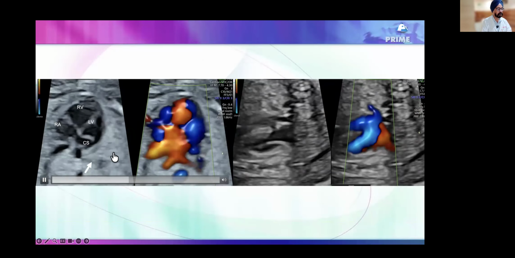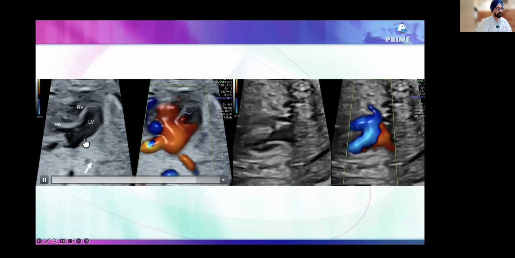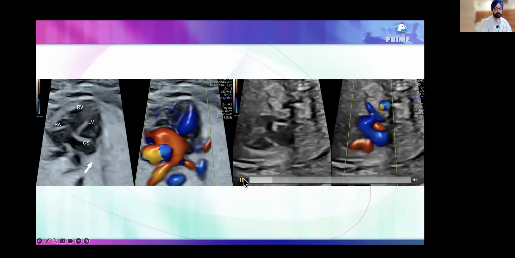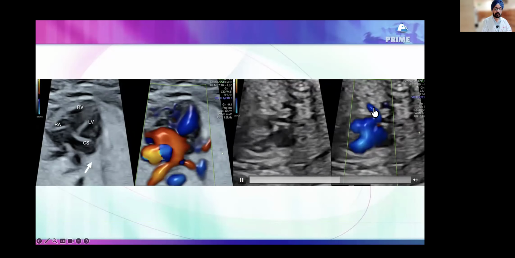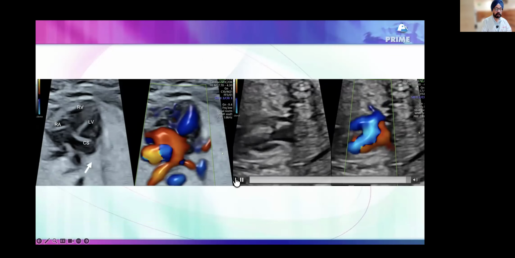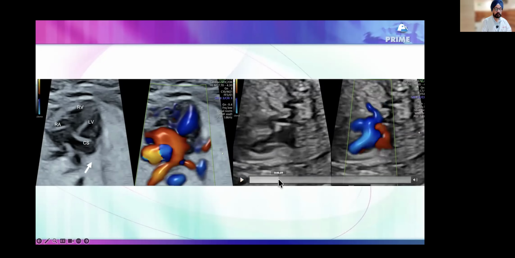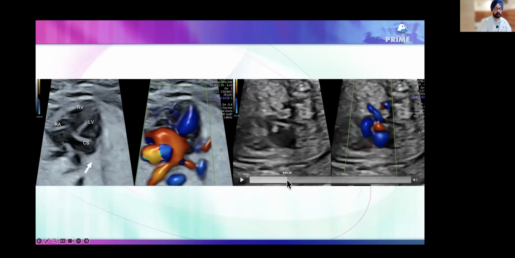Pulmonary veins opening into the coronary sinus, it was not very clear. Again, a pulmonary vein opening. Now I'll stop it here and show you. Now you see this coronary sinus and you see this pulmonary vein opening into the coronary sinus. Can you see this coronary sinus here?